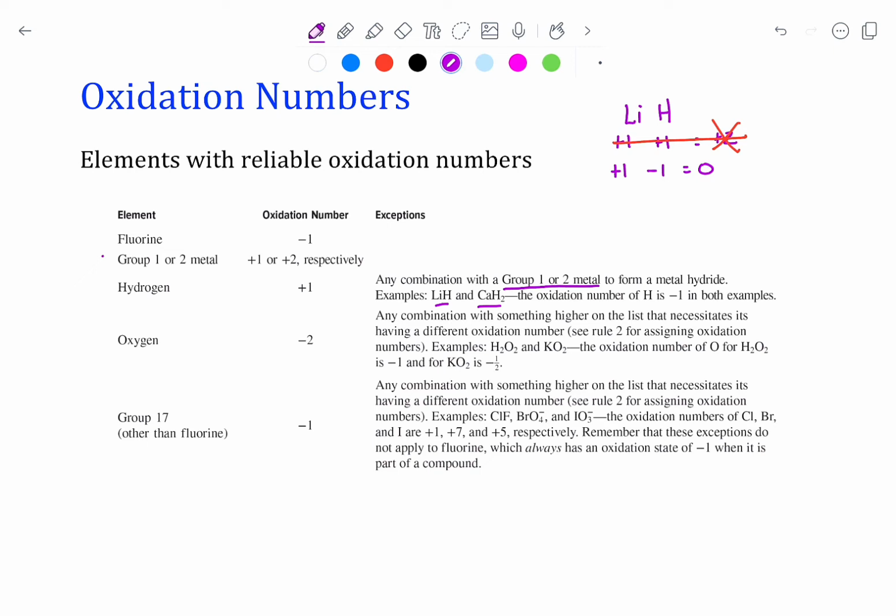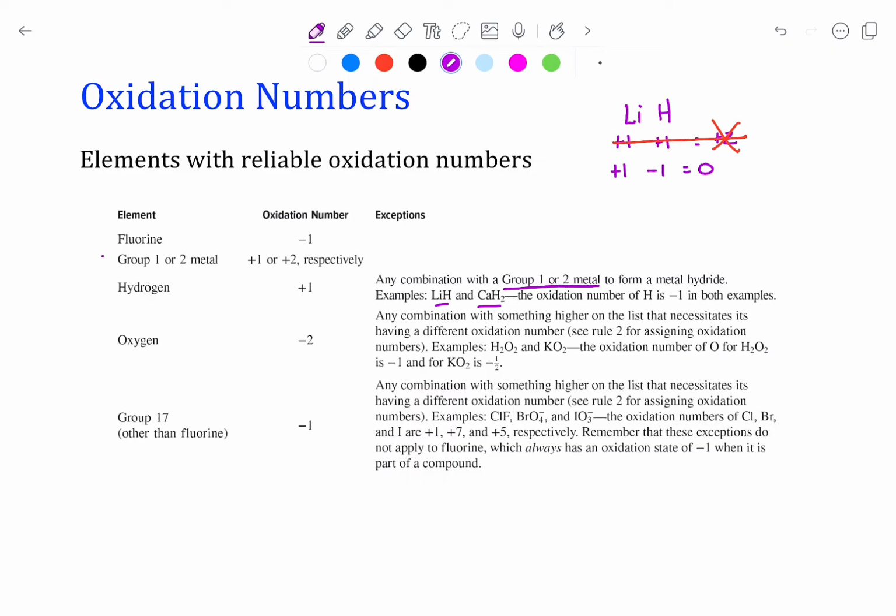Oxygen will always have an oxidation number of -2. The only exceptions to this are if we have any combination with something higher on this list, which follows Rule 2 of our assigning oxidation numbers. And this would specifically be for peroxides or KO2, something along those lines.